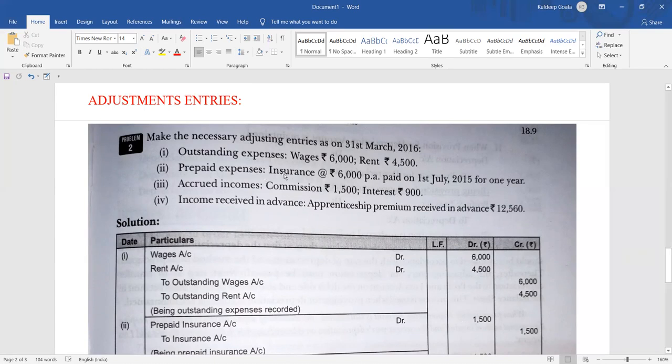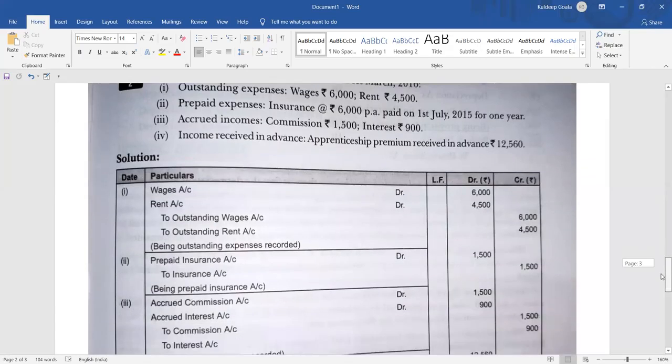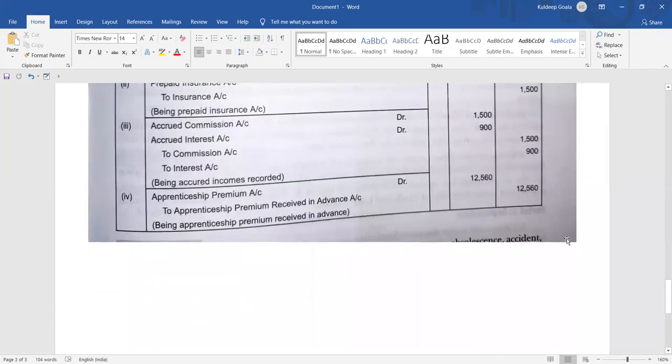Prepaid expenses. What was the prepaid expense? The insurance, it is 6,000 per annum, paid on 1st of July 2015 for 1 year. It is told that the year ending is 31st of March 2016, isn't it? So let me tell you when it has started. I'm just showing you the working note here.